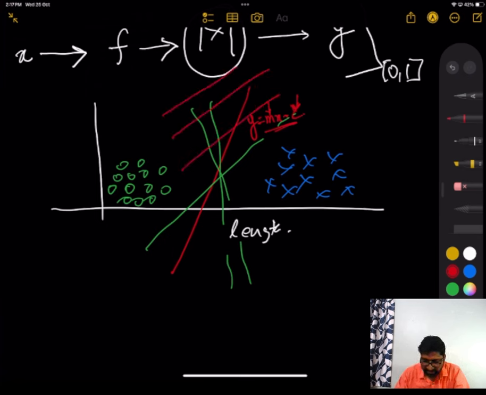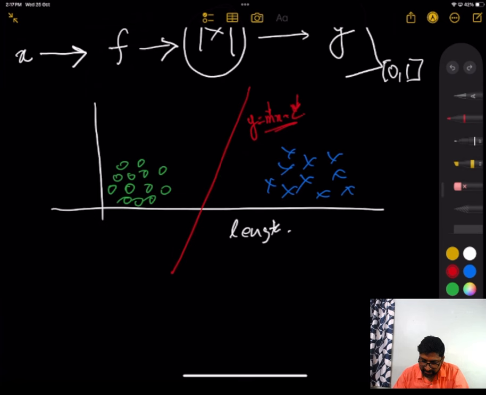So it is moving like this. So with the change of m and c, we are finding out which one is the best candidate which can fit, or which can separate the data, assuming this one is a line.